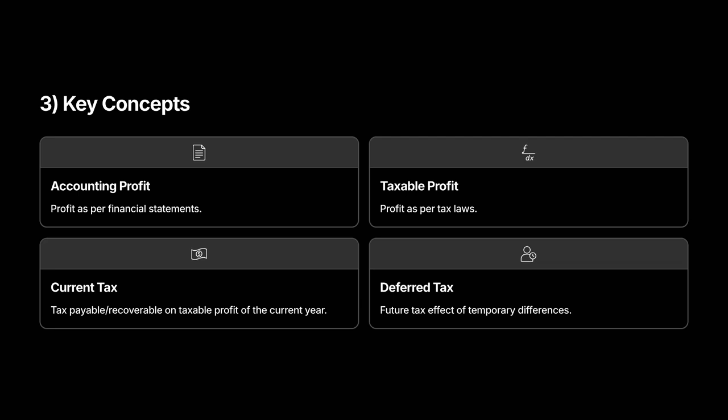This is the tax you owe or can recover based on the current year's taxable profit. Deferred tax. This reflects future tax effects that arise from temporary differences between accounting values and tax values. These are the four pillars of IND AS 12: current, deferred, accounting, and taxable.